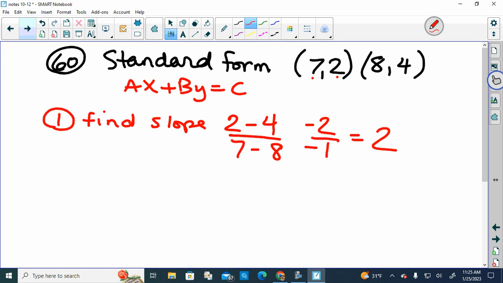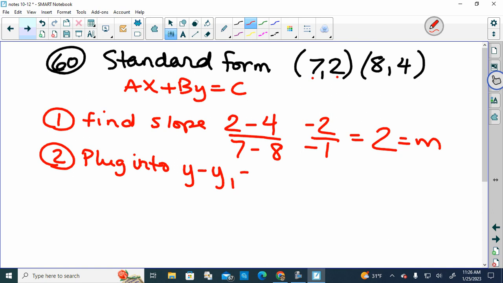Okay, now again, what letter does that represent? Yeah. Okay, so that's our first step. Our second step then is to plug it into the point slope formula. And the point slope formula is the y minus y1 equals m times x minus x1.